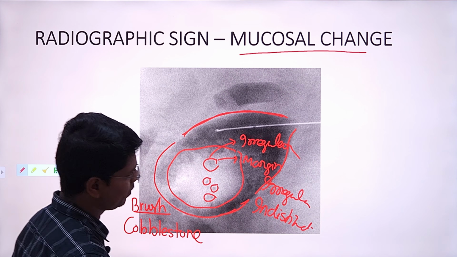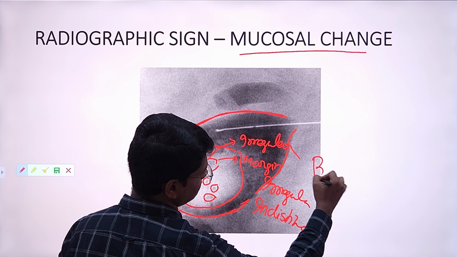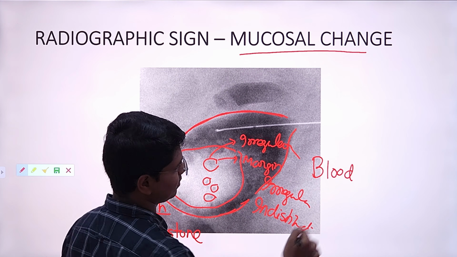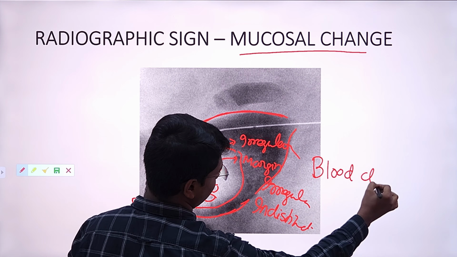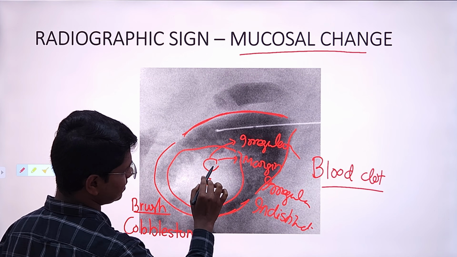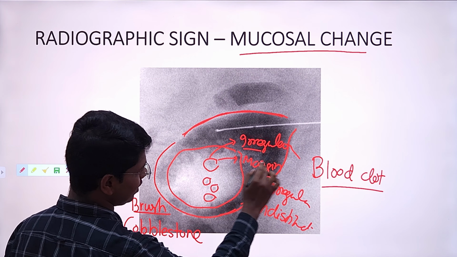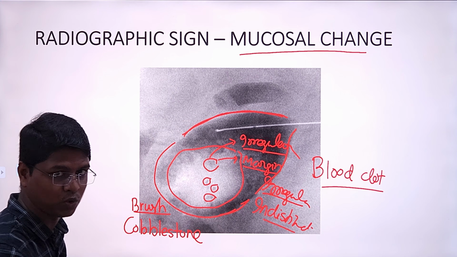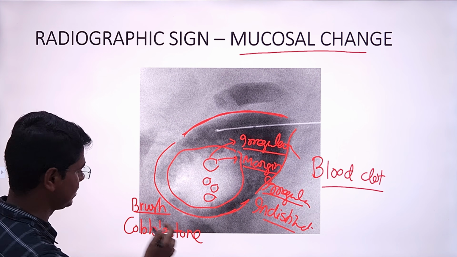These are the features of blood clots. I will also discuss the filling defects from a cystography point of view. These are blood clots. If the shape is irregular but the margins are kind of regular but indistinct, that is a stone, uroliths. We will discuss that also.